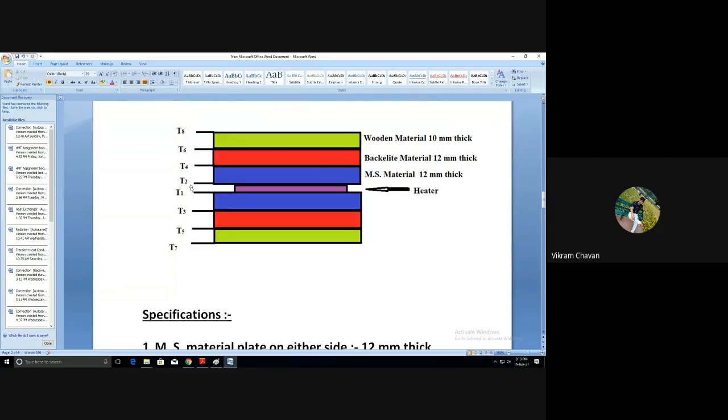So T1 and T2 have the same configuration, and they are equidistant from the heater.